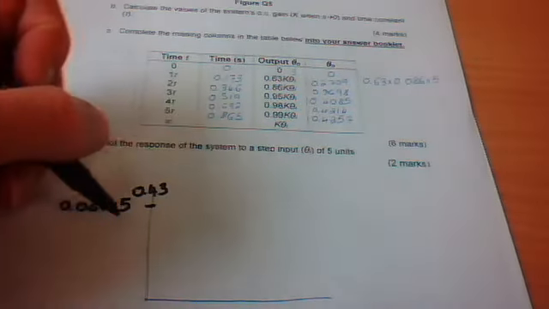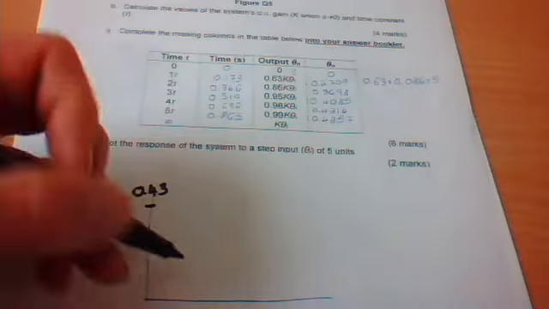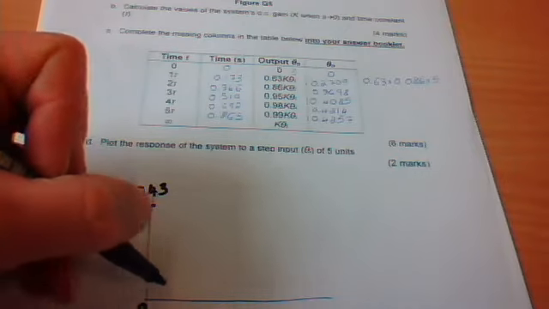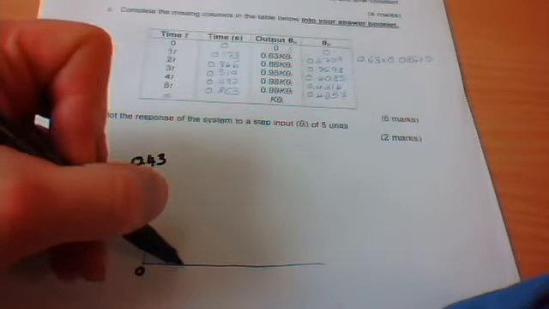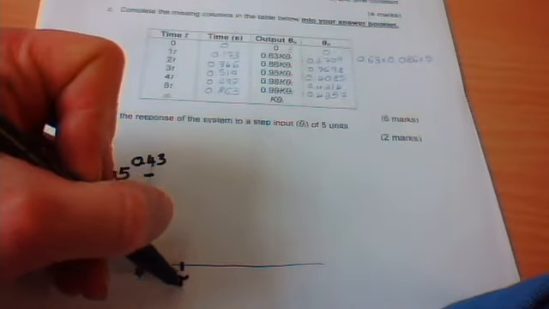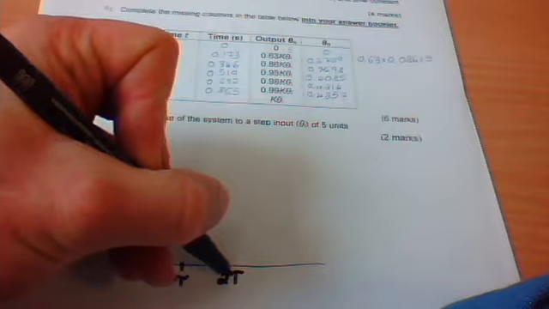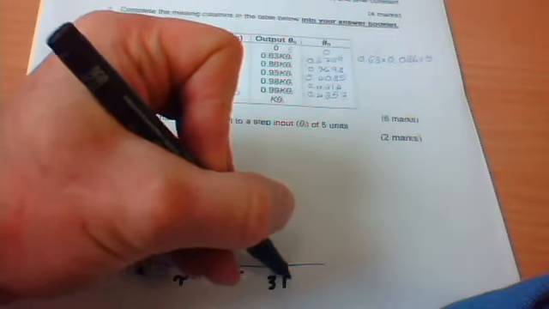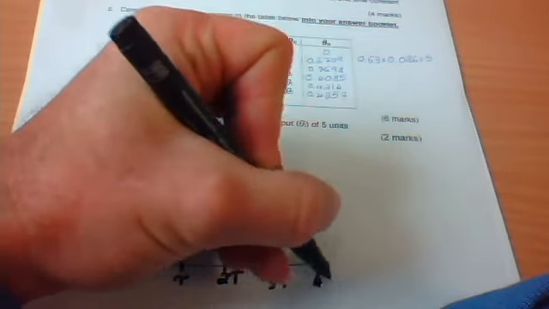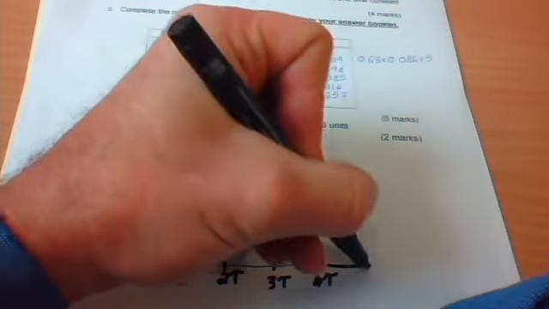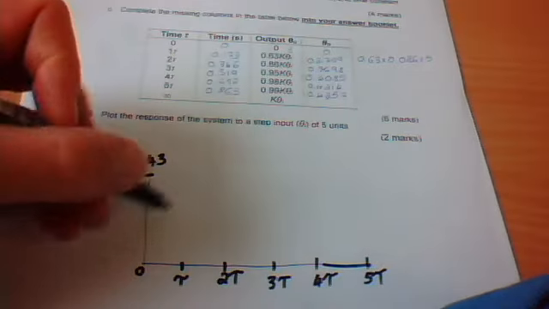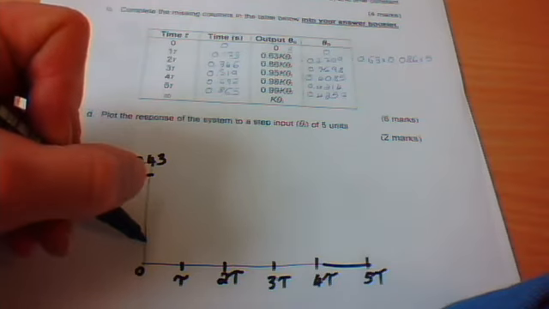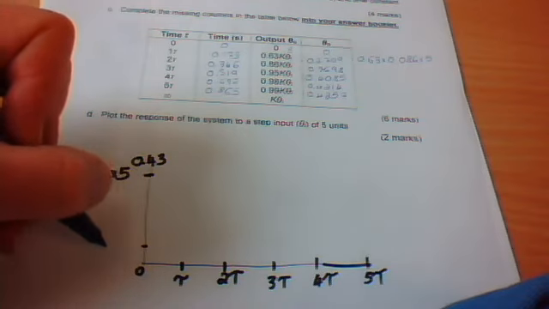Okay, so what have we got? We've got time values here. So we've got 0 lots of tau. We can just do the time values in versions of tau because that's what we've calculated it in. So 1 tau, 2 tau, 3 tau, 4 tau, 5 tau. Okay, and we have here something that we've calculated already.